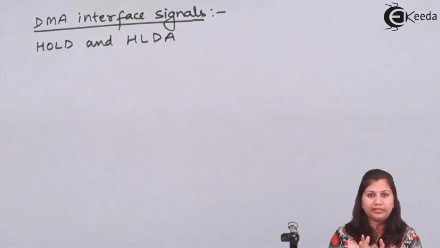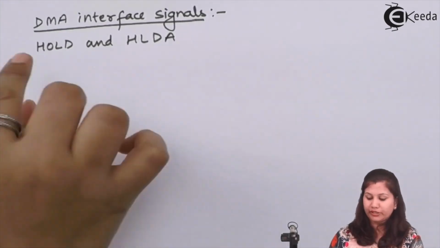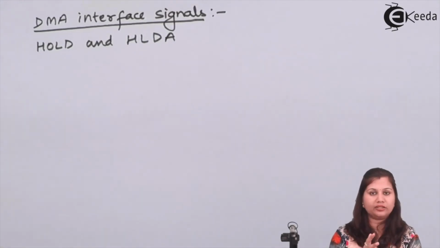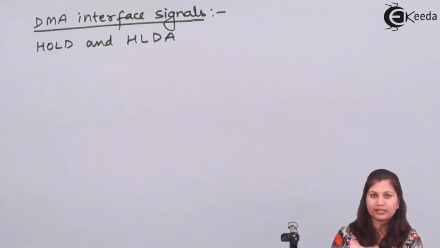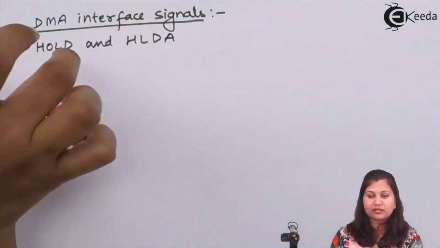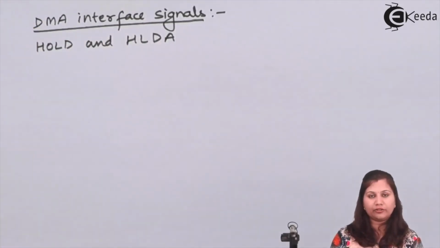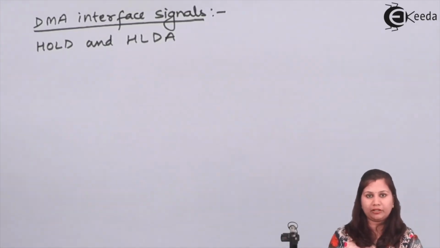So when the DMA wants the control, it is going to send the HOLD signal to the microprocessor, and when the microprocessor gives the control to the DMA, it is going to give the HLDA, hold acknowledge signal. So these two signals are used to get the control of the buses by the controller, and HLDA is used to acknowledge, to give the control to the DMA controller.